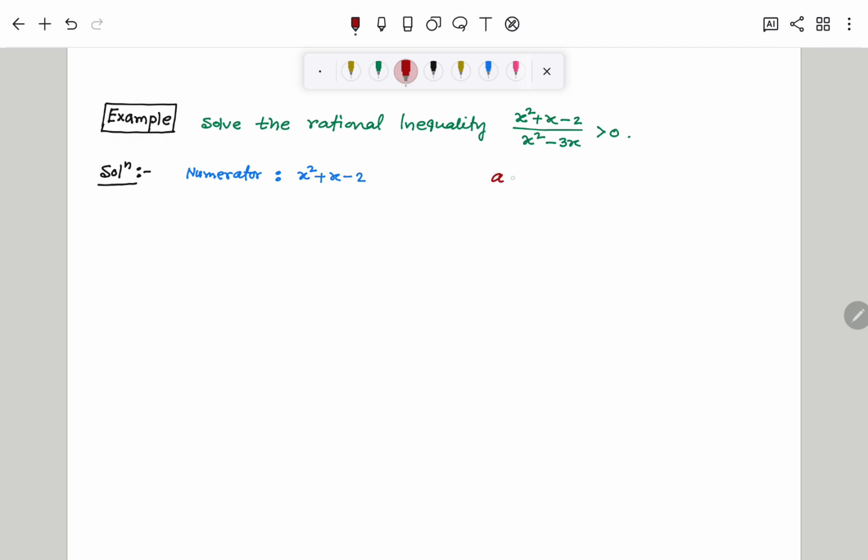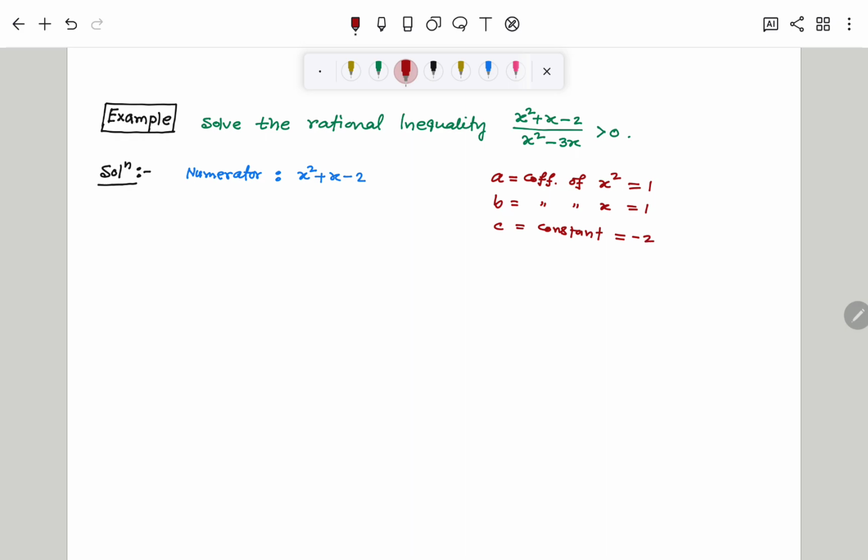A is the coefficient of x², which is 1 in this case. B is the coefficient of x, so it is also 1 here. And C is the constant term, which here is −2.